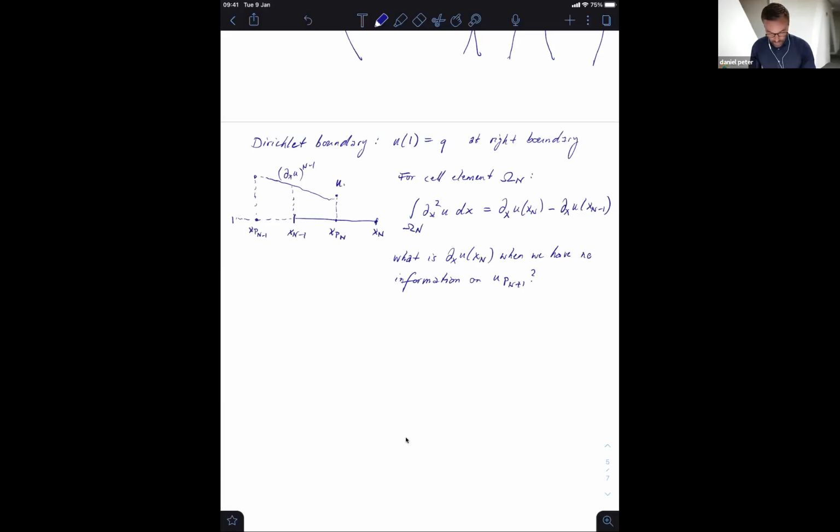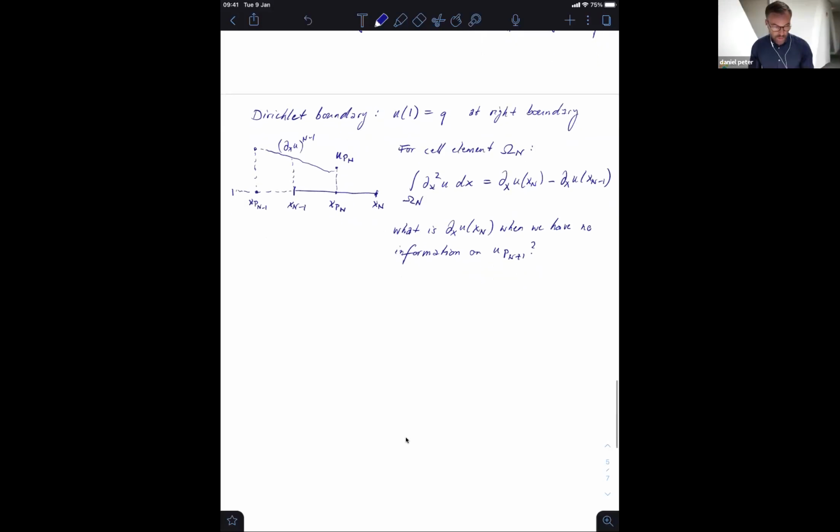And this is something we have to interpolate as well. The most simple way that we can do is, what we know is u at this point, the boundary point.